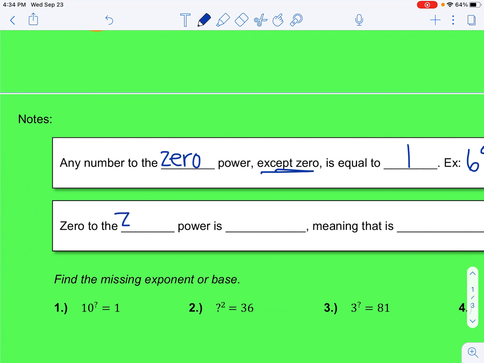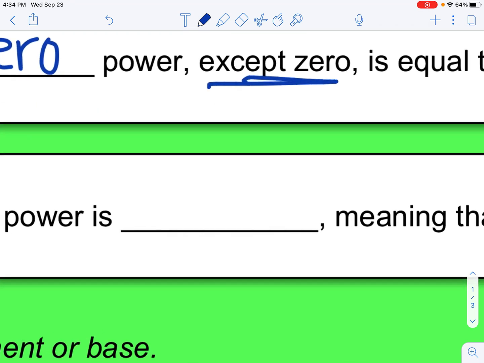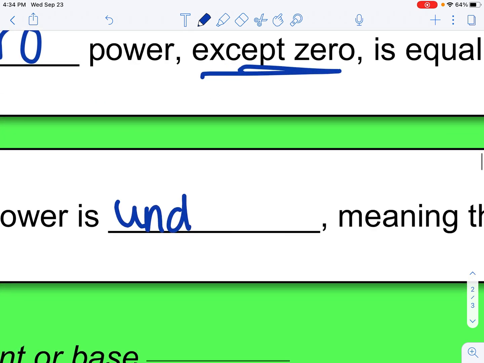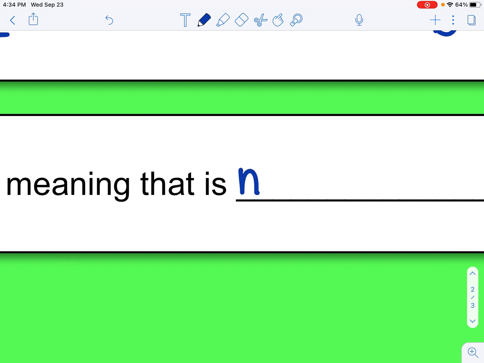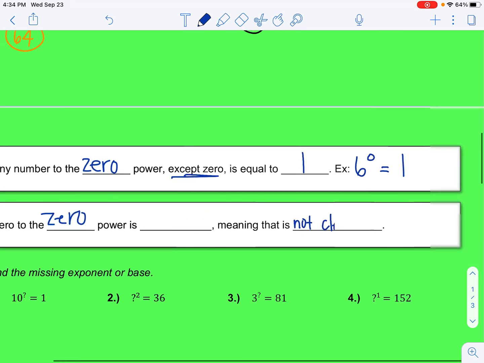So 0 to the 0 power is something we call undefined, meaning that is unclear. When I take 0 to the 0 power, I get something that is called undefined, meaning I don't know the answer. It's something we don't know.